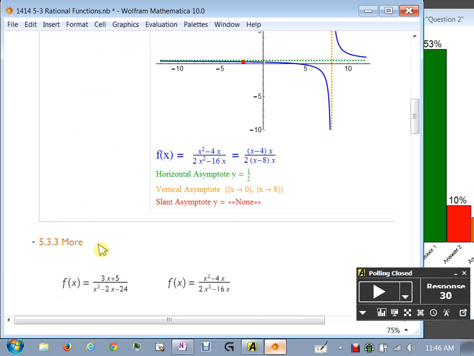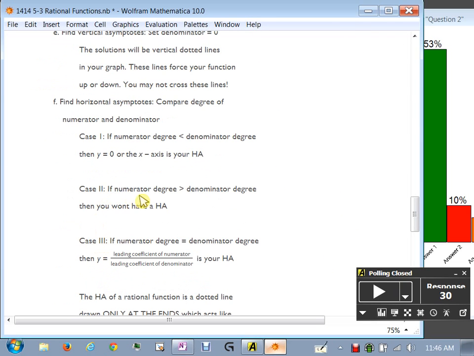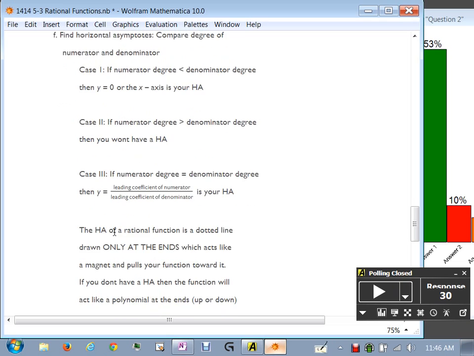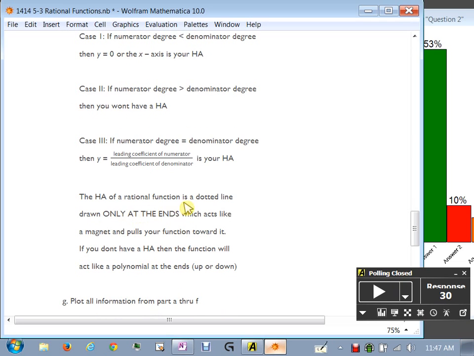So in case 2, if the degree of the top numerator is bigger than denominator, then you won't have any horizontal asymptotes. But look what it says here further down. Dotted line acts like a magnet pulls. If you don't have them, then what?